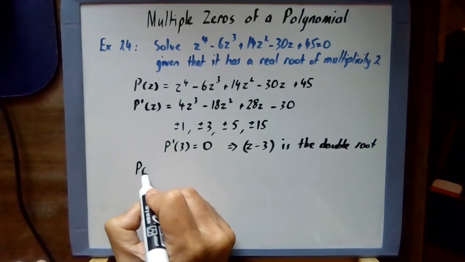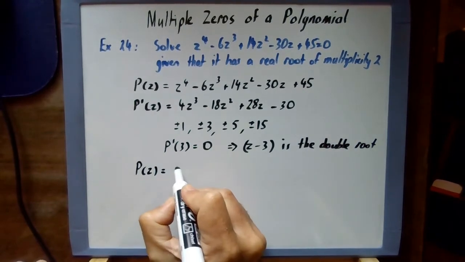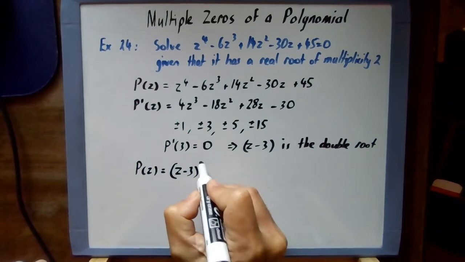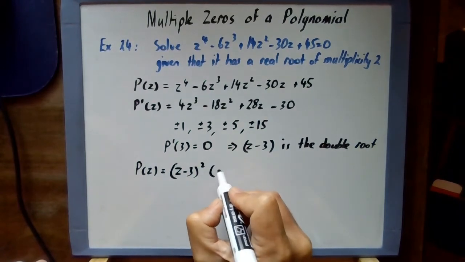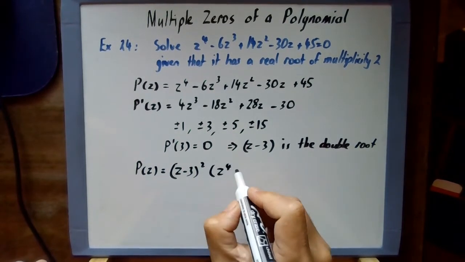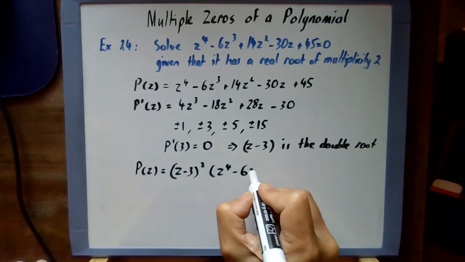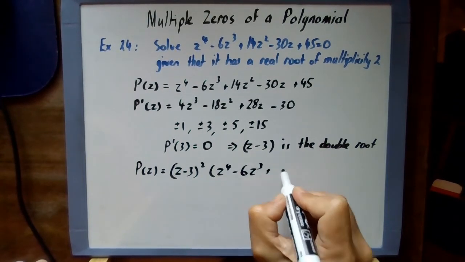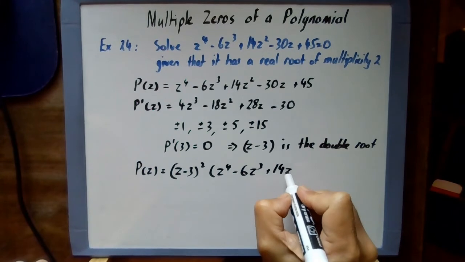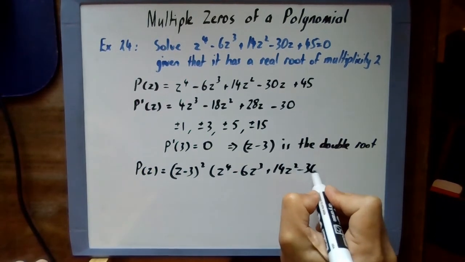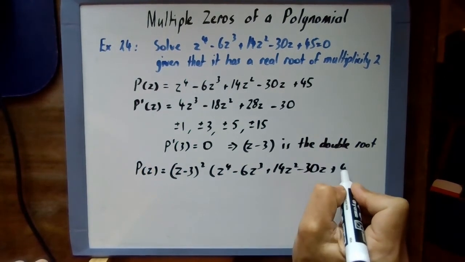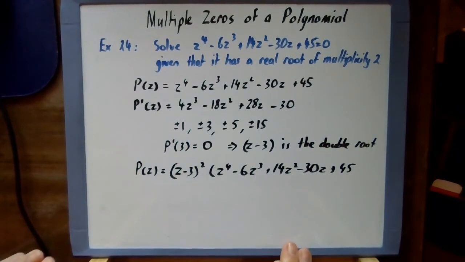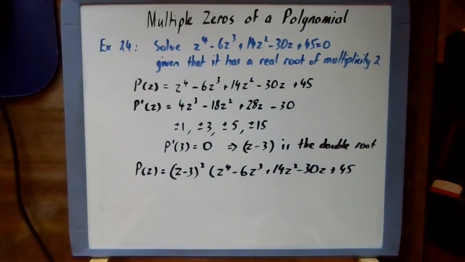So p of z is (z minus 3) squared times something. Z to the 4 minus 6z cubed plus 14z squared minus 30z plus 45 is the left-hand side, and that is a fairly heavy expansion for the right-hand side.